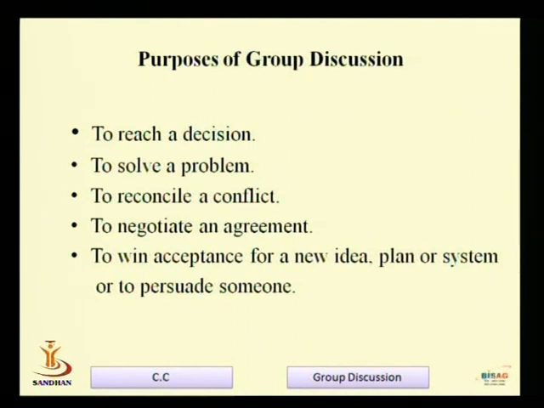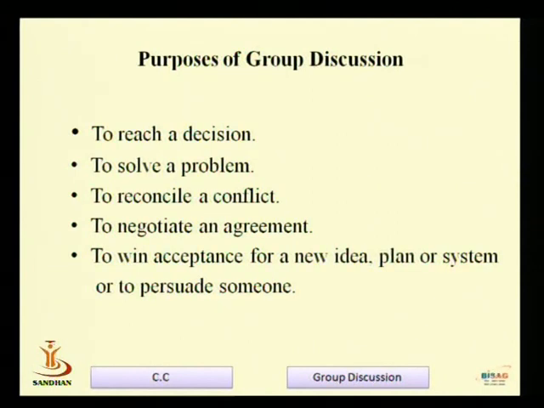So other purposes are to reconcile a conflict. Now if there is some dispute or there are some conflicts between people, you come together, you sit together and you talk, and then you come to a decision and you finally compromise with each other and pacify each other, and then you have a friendly atmosphere. So this is also one of the purposes of group discussion.